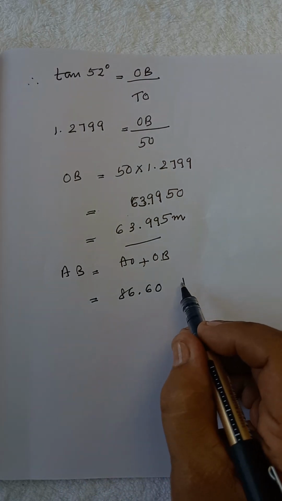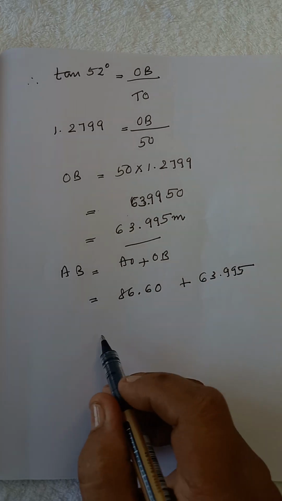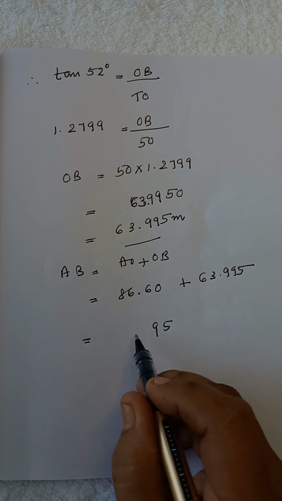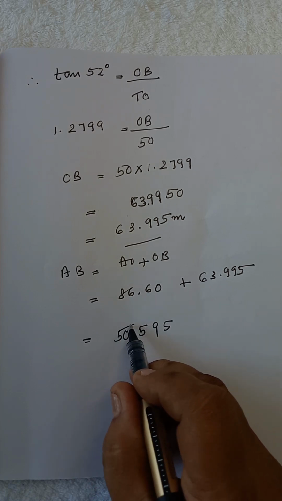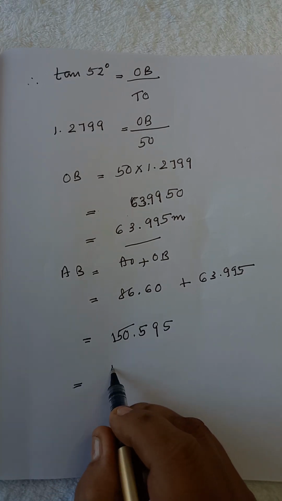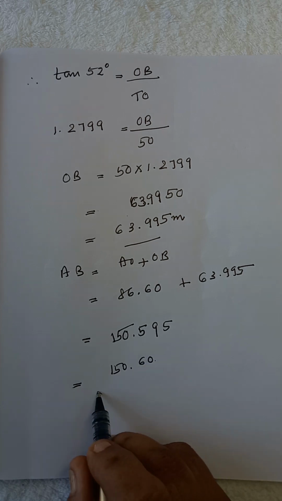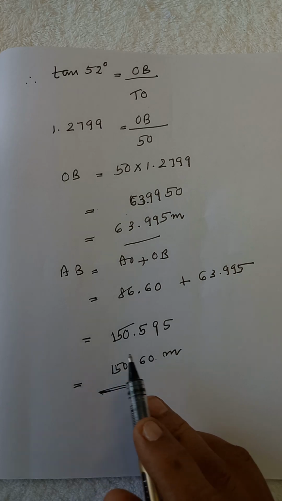Now we got OB as 63.995. So this is equal to 150.605, correct to 2 decimal places, 150.60. The unit is meter. That is the distance between the two persons at A and B.